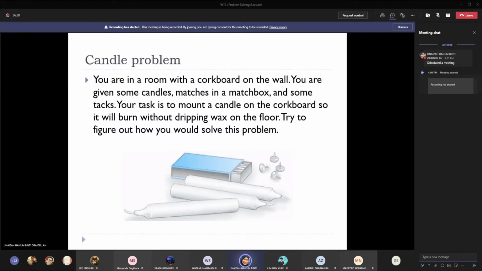Can you think of one? Using just your own brain power, can you be creative enough to think about this solution? Any ideas from anyone?